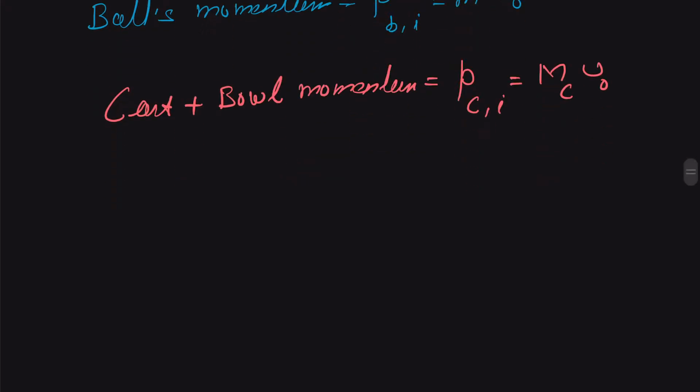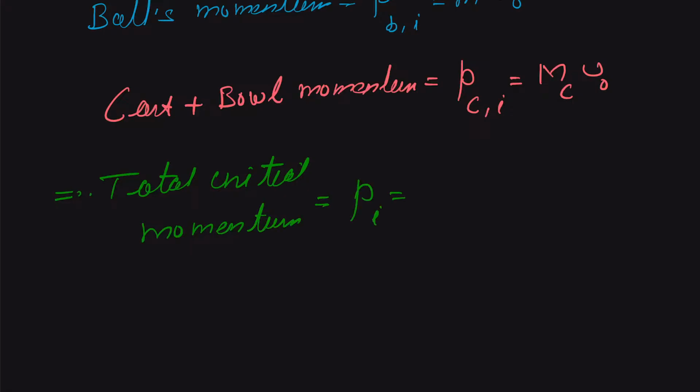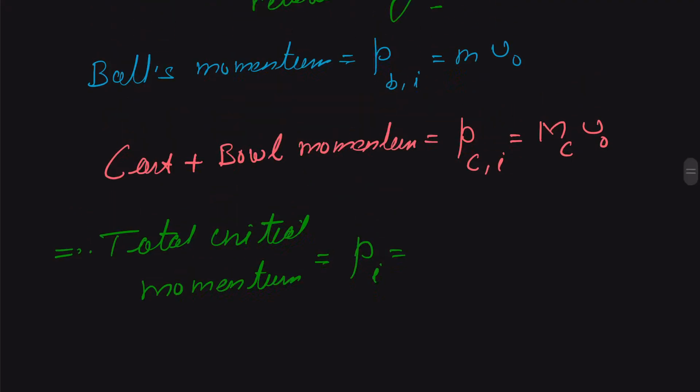So therefore the total initial momentum, let us call this P of I, will be equal to PBI plus PCI.